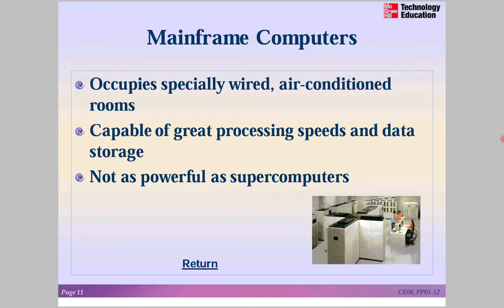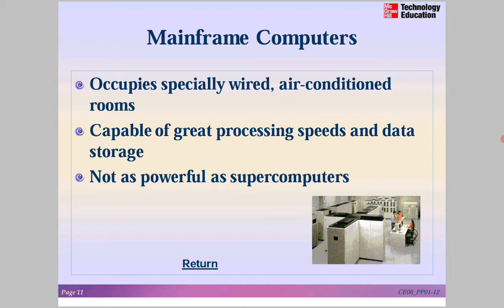Another type of computer is the mainframe. It generally occupies wide air-conditioned rooms and is capable of great processing speeds and data storage, though not as powerful as supercomputers. These are also very large computers for doing very large complex operations, and they occupy very large space.